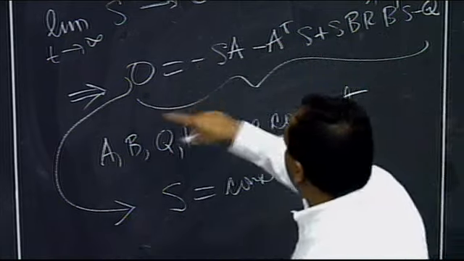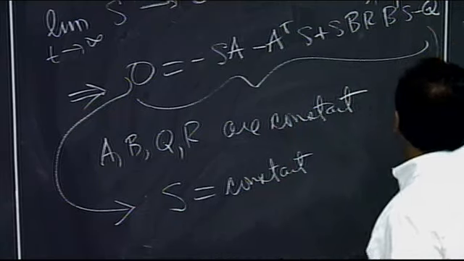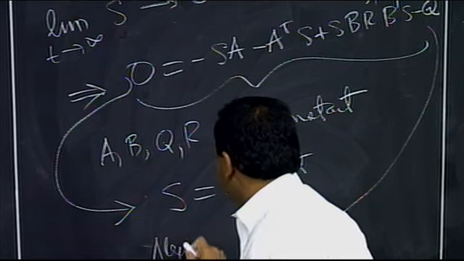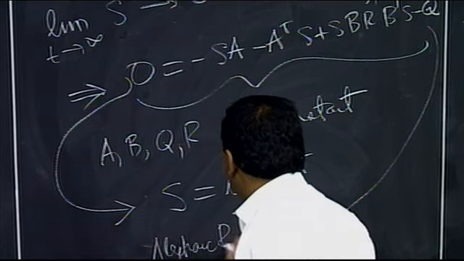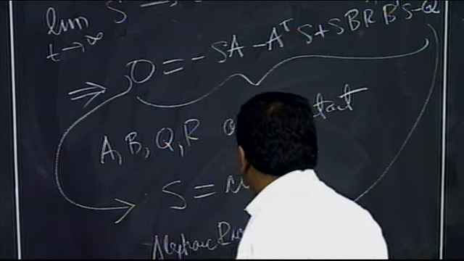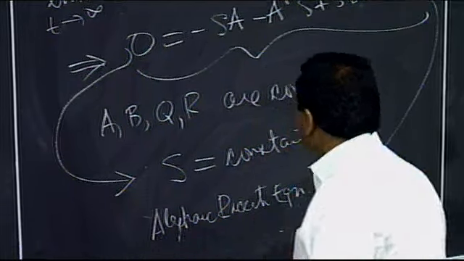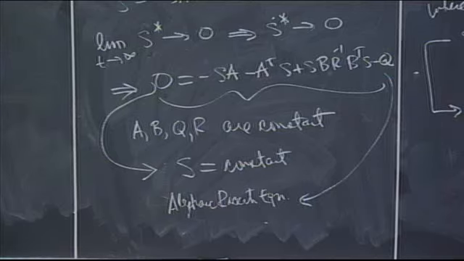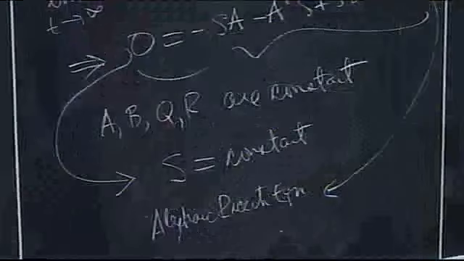This equation right here is what's called the algebraic Riccati equation. The algebraic Riccati equation only arises in the case where you have the infinite horizon situation, which is the linear quadratic regulator.